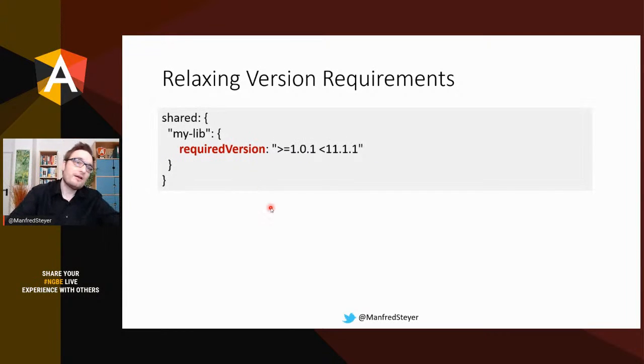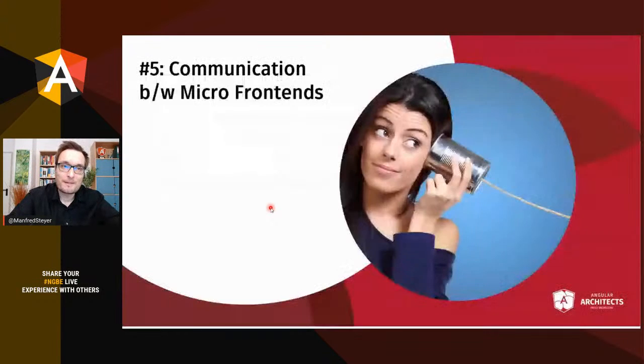Here I would tell module federation, hey, normally we needed, let's say, version 10, but I know I'm not using much of it. It will work with this version range, 1 to 11 something. Yeah, I know this is quite a tough topic, but I think with some examples in the head, one can remember those things.